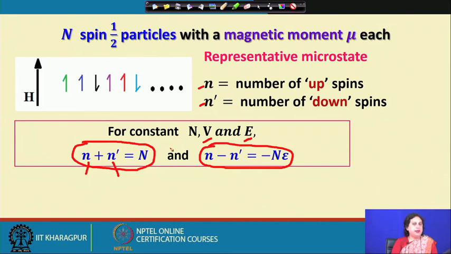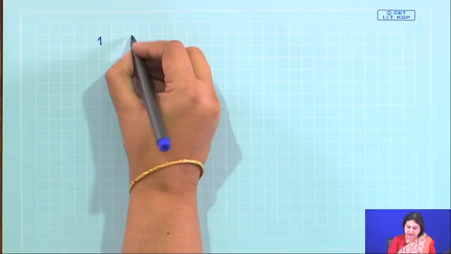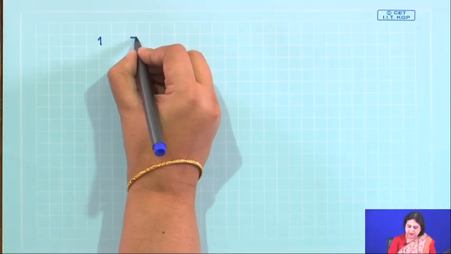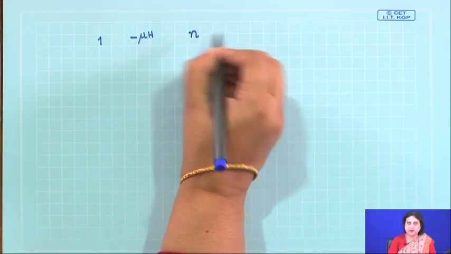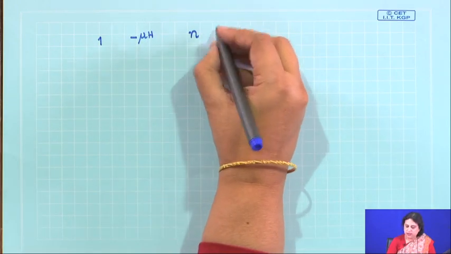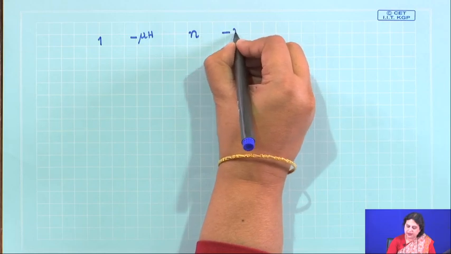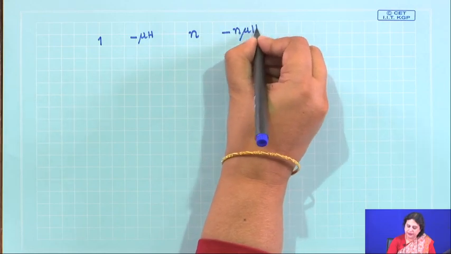And also, the total energy of the system imposes a certain restriction on the numbers n and n prime, because I know that for one up spin the energy contribution is minus mu h. So, when I have small n such up spins, the total contribution to the energy is minus n mu h.